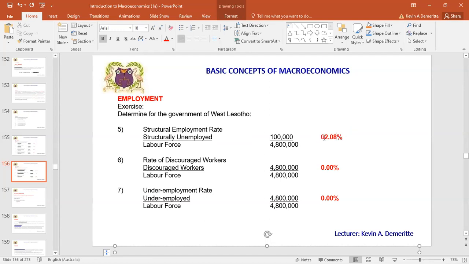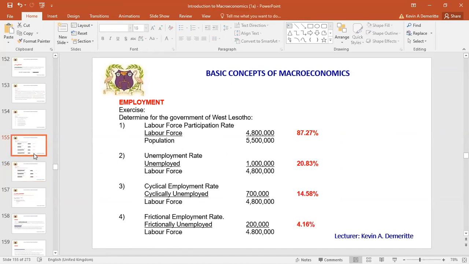All right, fine. The way we would double check to make sure our answer is right: you see what our unemployment rate is, 20.83%. When we add up all of our various types of unemployment, it should total up to 20.83%.